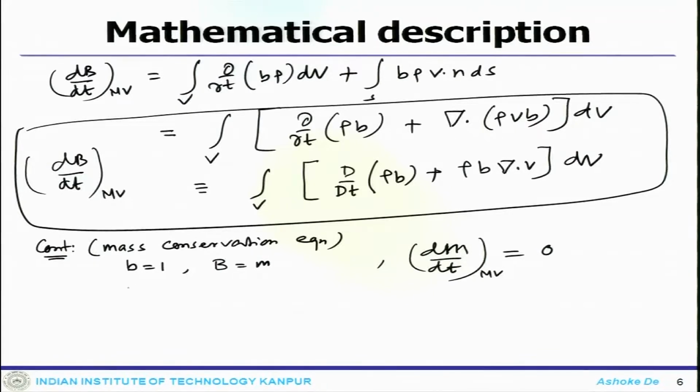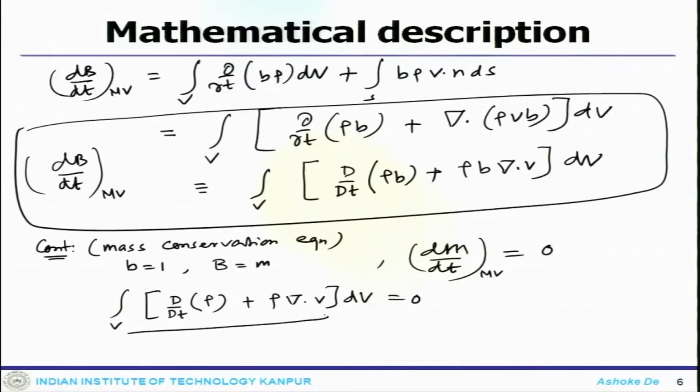So, that gets me the system, d/dt of rho plus rho del dot V dV equals to 0. Okay. So, to have these things true, I get d rho by dt plus rho del dot V equals to 0. Okay.